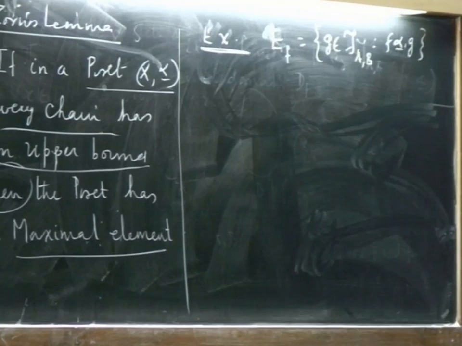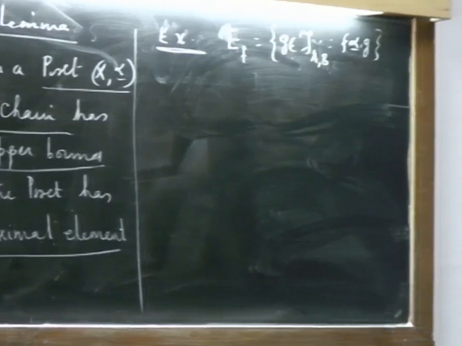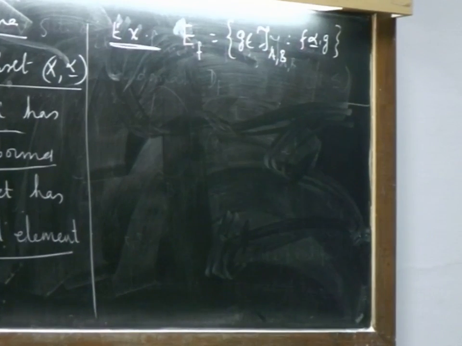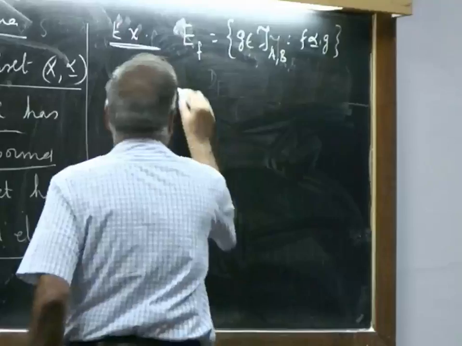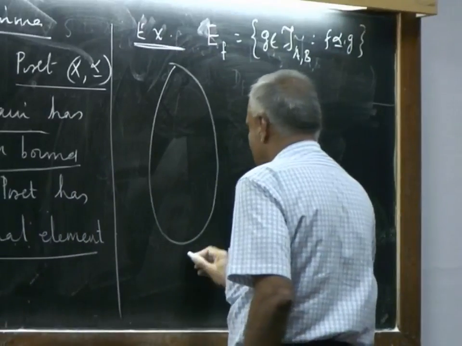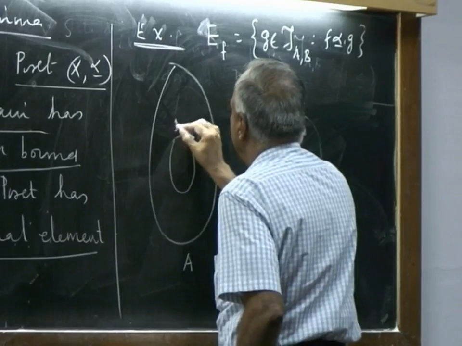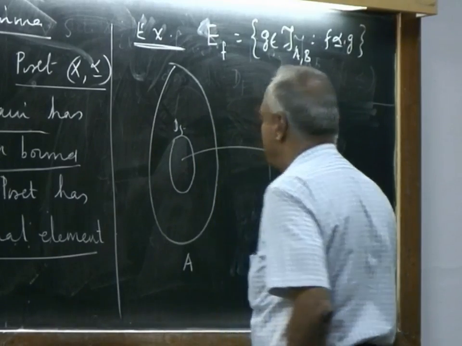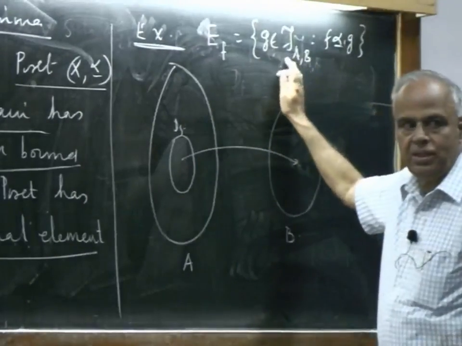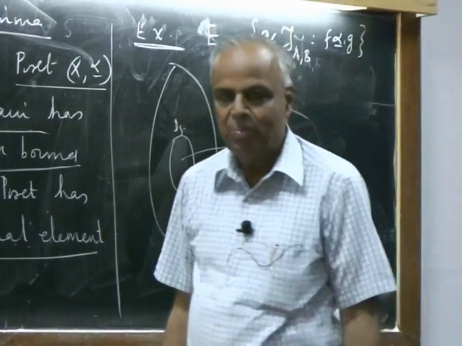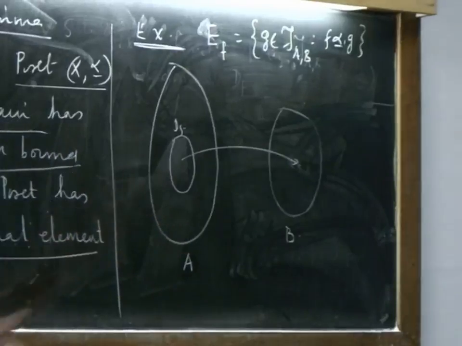Now intuitively, what is meant by a maximal element here? Let's figure it out. Here is A, here is B, and here is Df, and f is mapping from this to this. Now all these g's are functions defined on Df or bigger than Df. So what is maximal then?